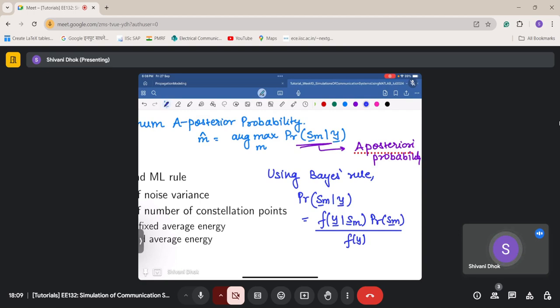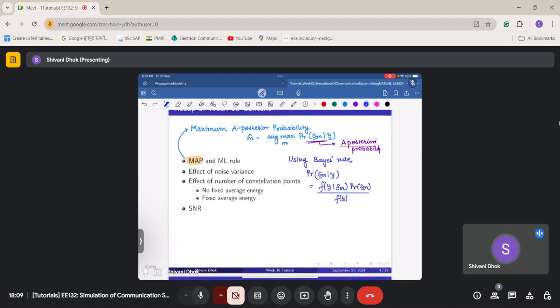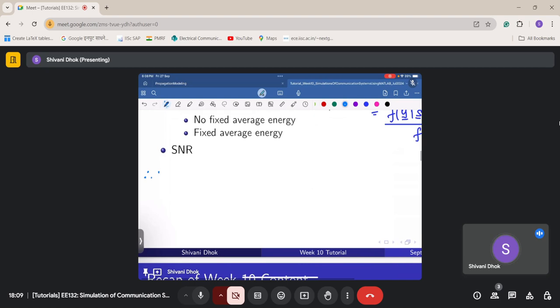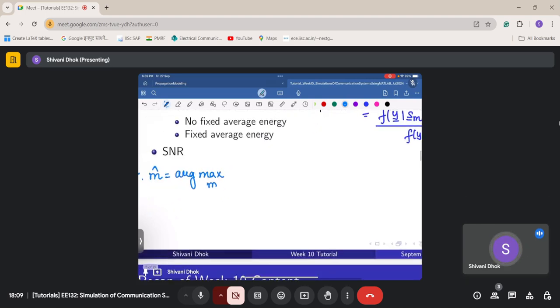If I substitute this into the MAP rule, m hat will be equal to arg max over m of f of y given s_m times the probability of s_m, upon f of y.